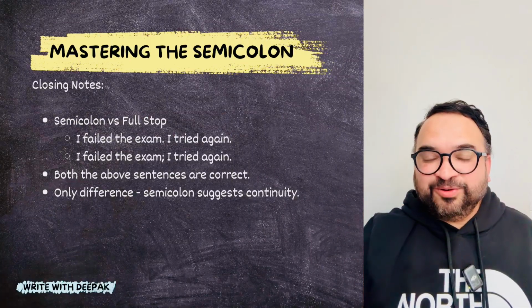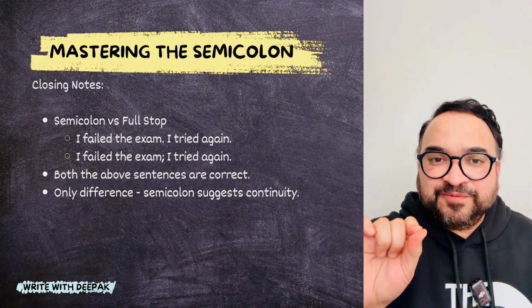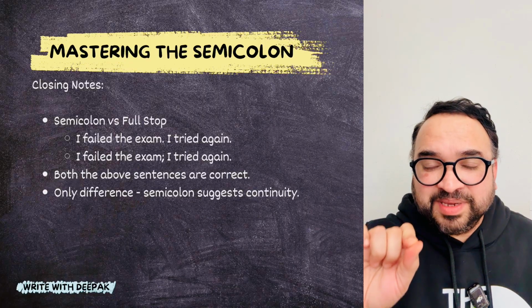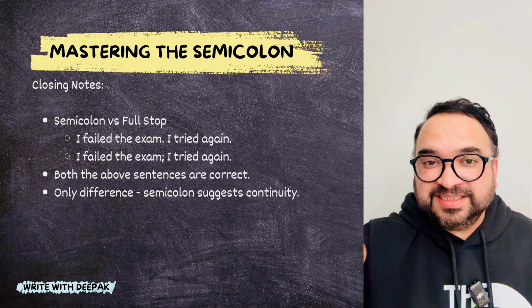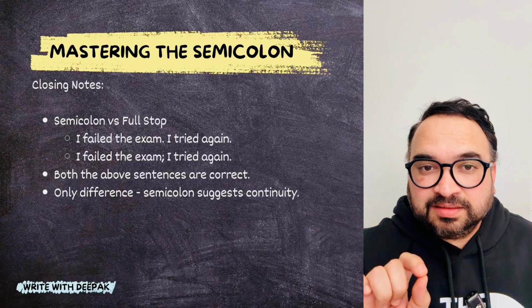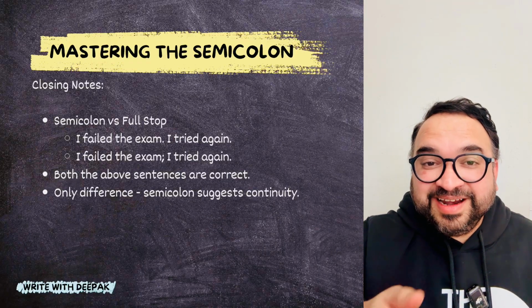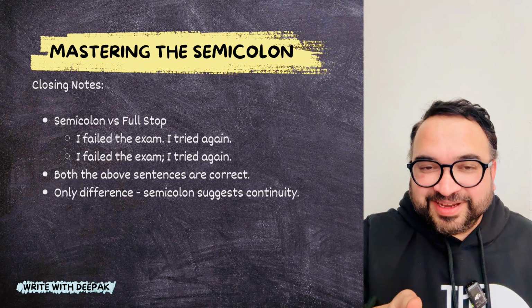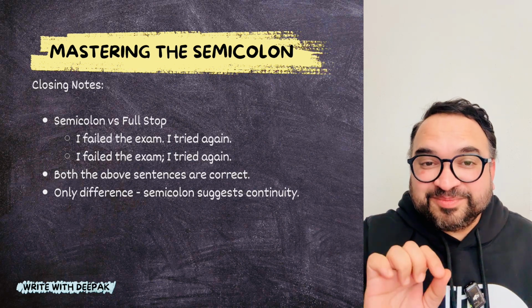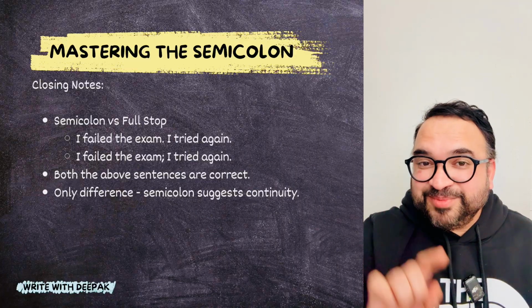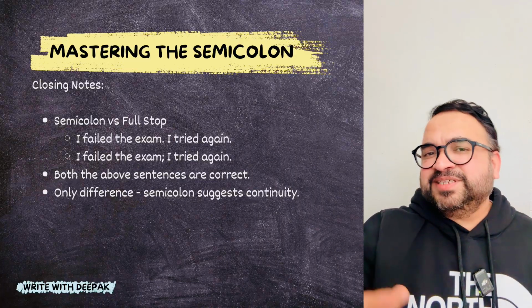And to some closing notes, please understand that if you use a full stop or a period in between these two independent sentences, it is still right. It is still correct. What a semicolon will do is it will elevate your writing. Okay, it is not wrong to use a period or a full stop, but using a semicolon actually uplifts your writing.